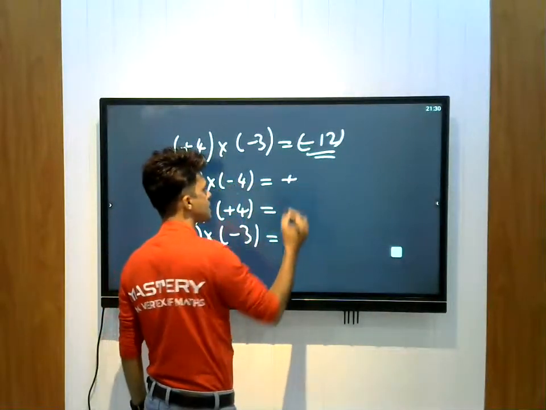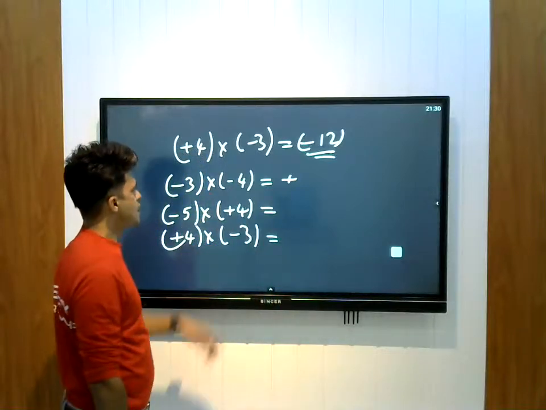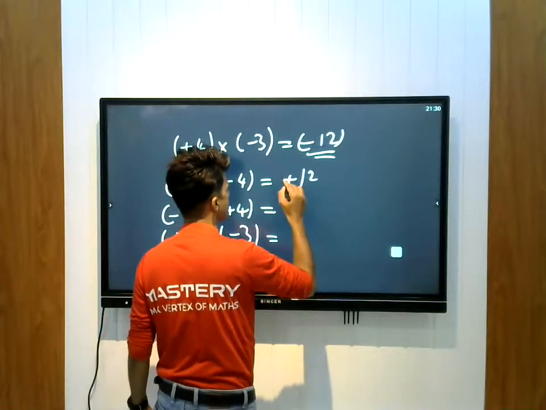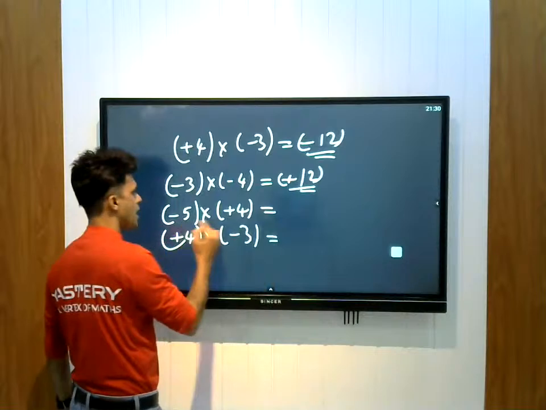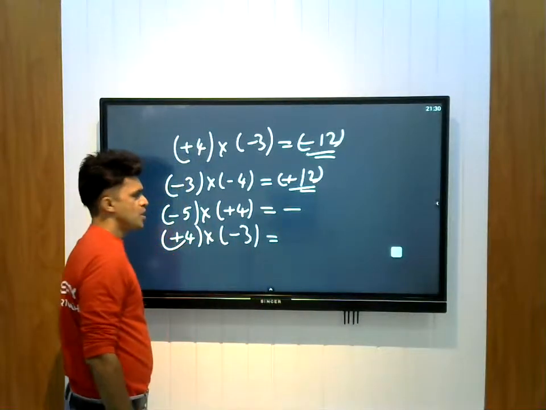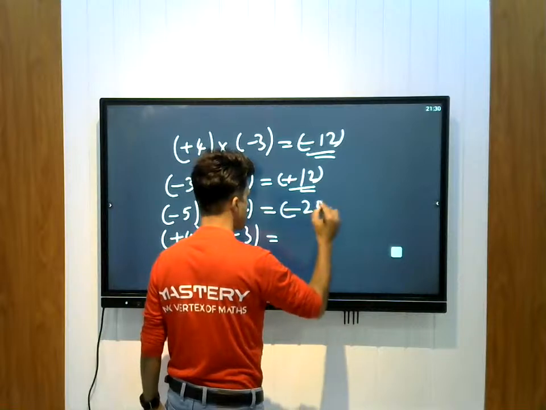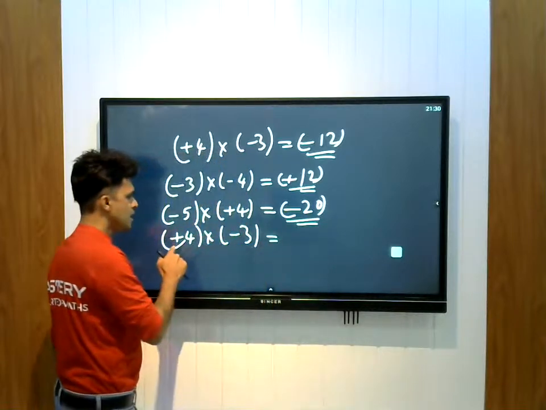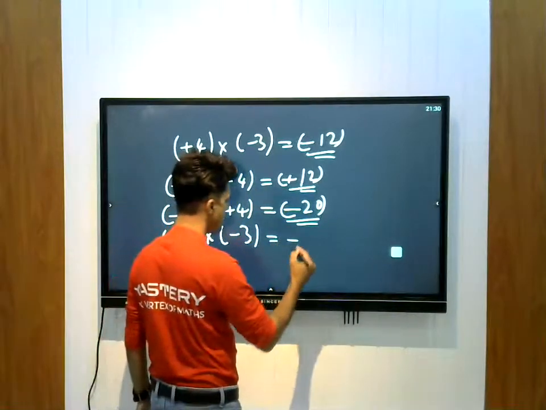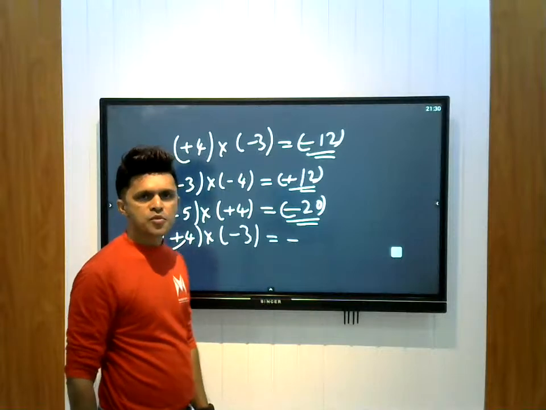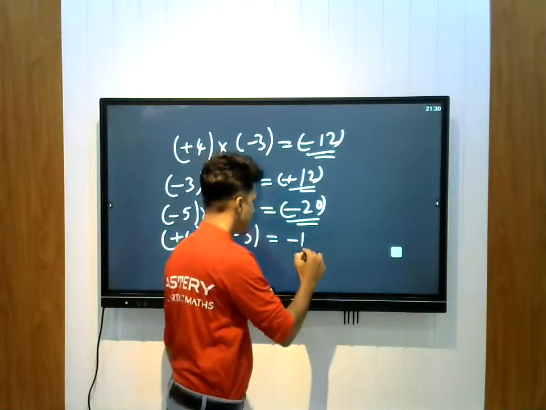Minus into minus is plus, 3 times 4 is 12. So this one, minus into plus is minus, 5 times 4, yes, 20, minus 20. This one, plus into minus is minus, 4 times 3 is 12.